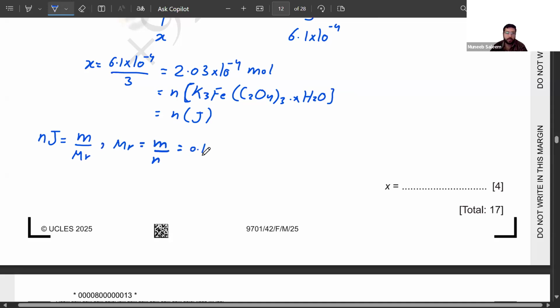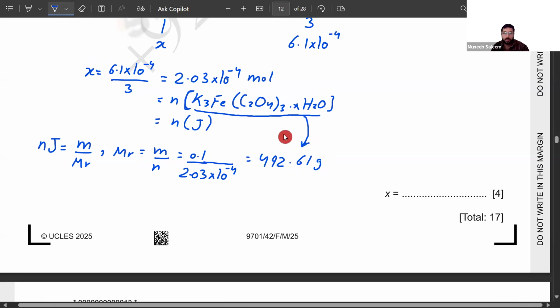Mass is 0.1 and the moles is 2.03 times 10 to the power minus 4. So after doing the calculation, it will be 492.61 gram. Now this is the mass of this whole compound. This whole complex has this mass.